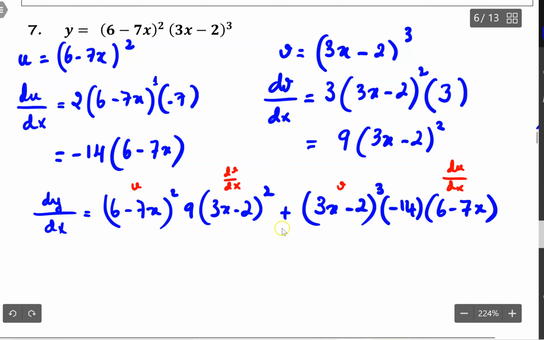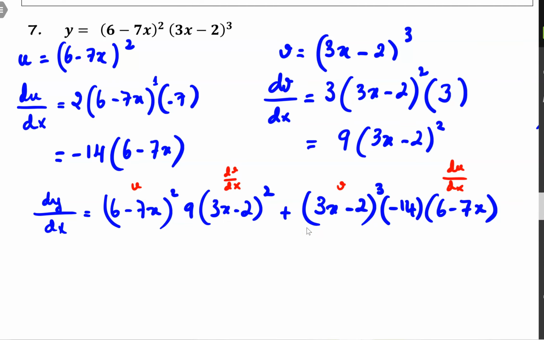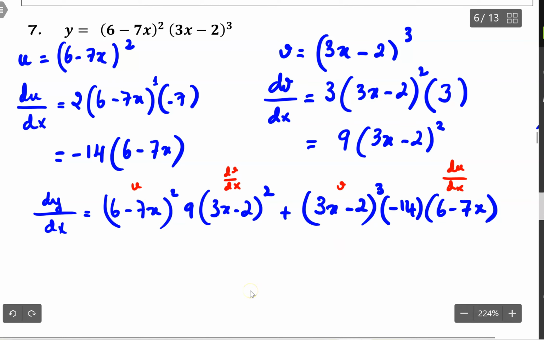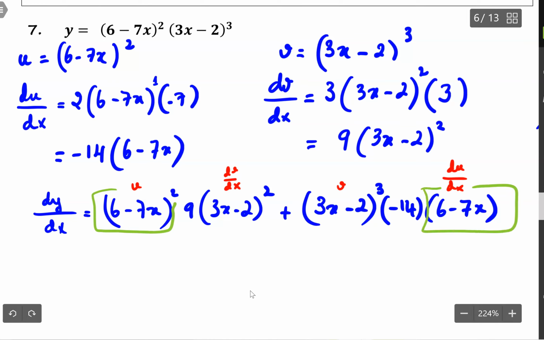You have to realize that you have to factor out a binomial raised to a certain power. Okay, so I will highlight the expressions that actually have a common factor. So this expression that I have, and also this one, are the expressions that I know have a common factor among these two.